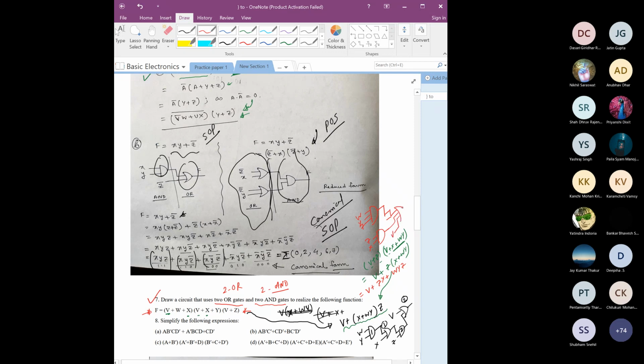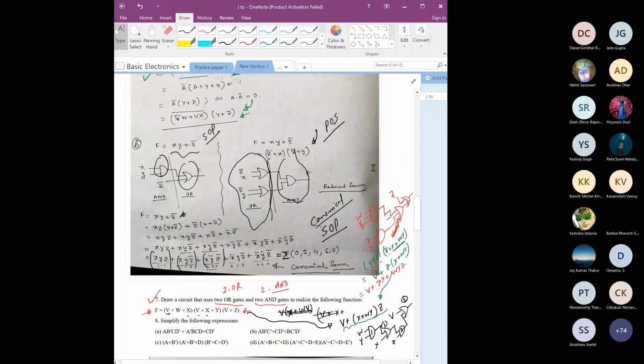But don't you think we need only one OR gate? We can take it twice if we need to. Instead of taking a three input OR gate, we can take a two input OR gate, then take its result and take another OR gate. So you will take it from here and then take one more, right?